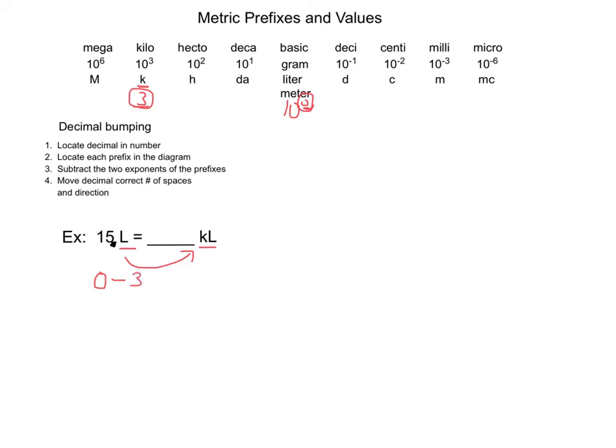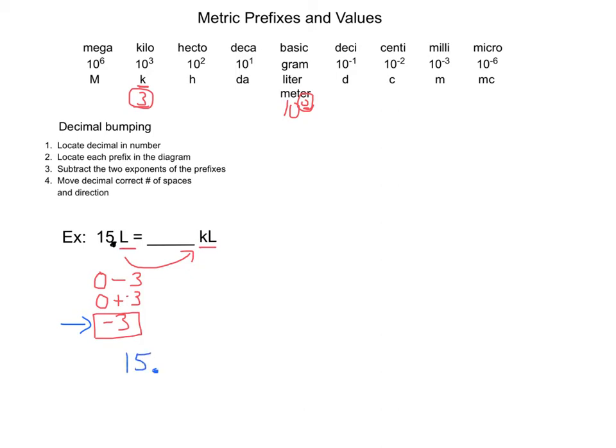Now this involves dealing with some integers, so I'm going to rewrite 0 minus 3 as 0 plus negative 3, which will give me a result of negative 3. Now this value tells me exactly what direction and how many spaces to move the decimal to do this particular conversion. So let's take a look at 15.